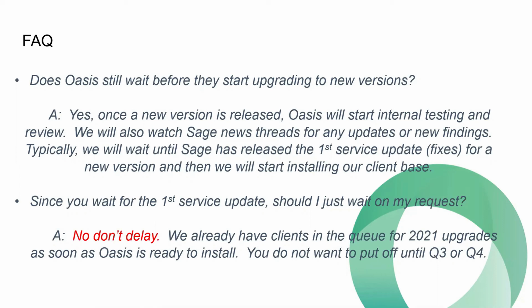So they're going to hit that queue and start getting those upgrades in May, June, July. So don't put off the request. You certainly don't want to put it off until the third or fourth quarter, because we want to be able to get you upgraded as quickly as possible and not run into a delay because of year end.